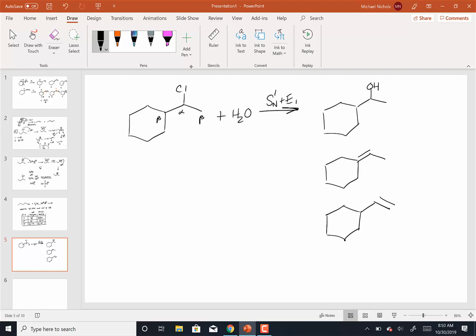And what I would further do is I would say write the SN1 product. If the reaction is SN1 and E1, write the SN1 product, write all the possible E1 products, and then circle the major one. So in this case, of alkene products A and B, which one would be the major product? A or B?